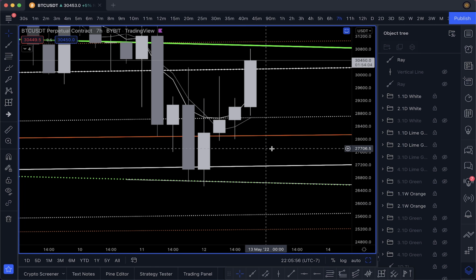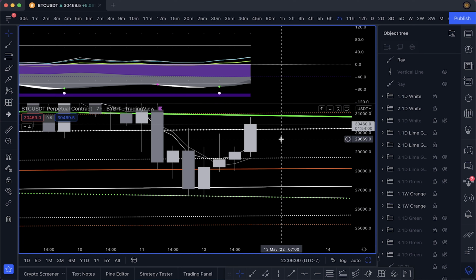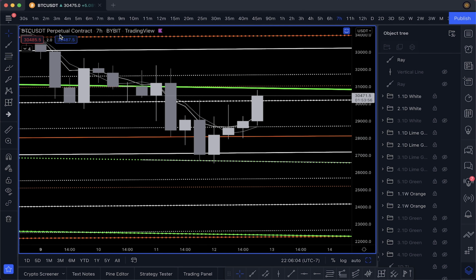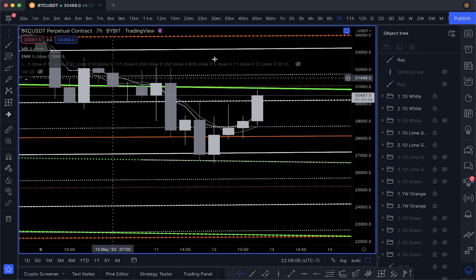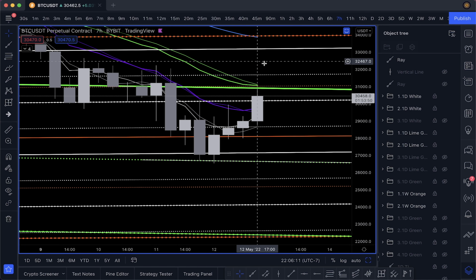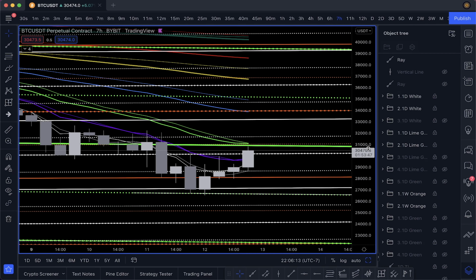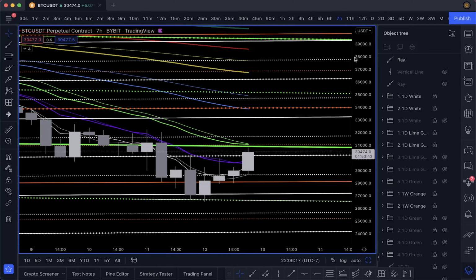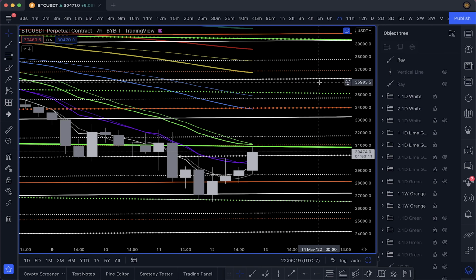I do plan on making an auto bot for this strategy and including some of my other strategies, which include all my different EMAs. If you guys go back and watch my videos on YouTube, you can see how I use all these EMAs. And it looks even crazier now with these EMAs, but they will give you very accurate support and resistance levels.